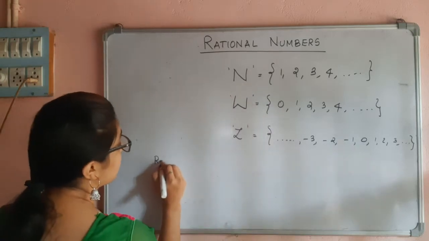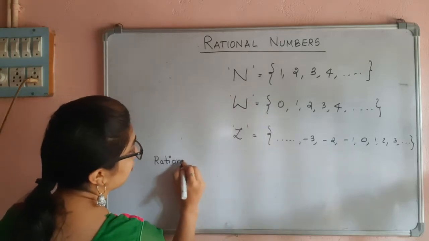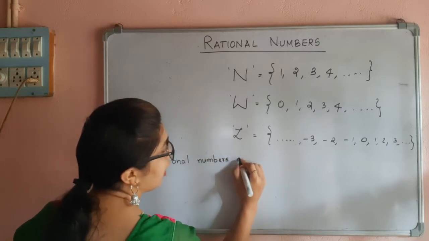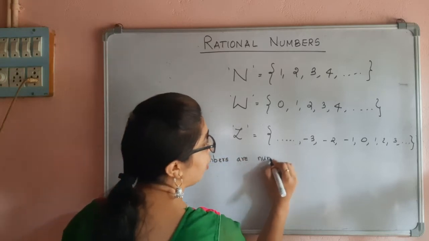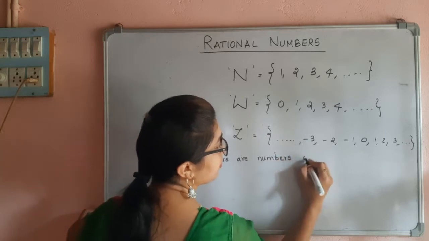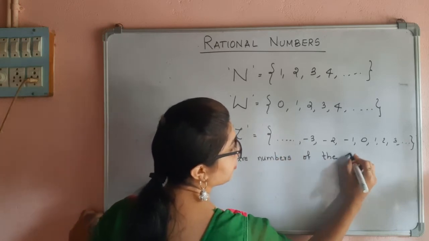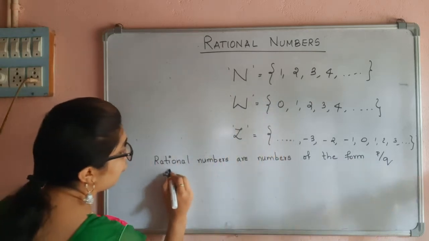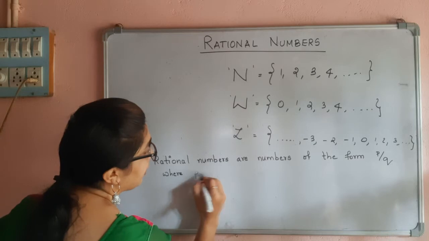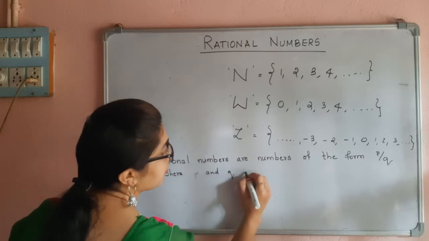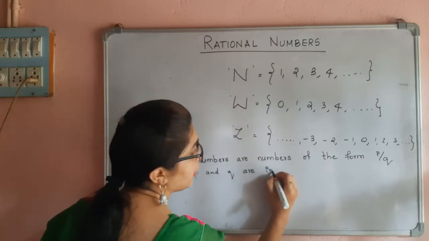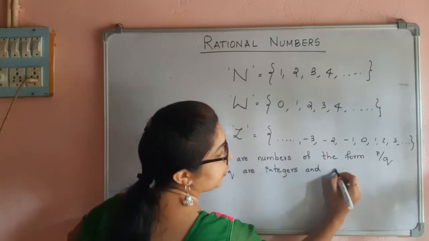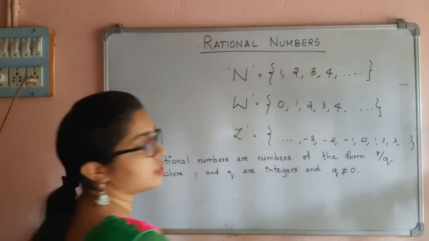Rational numbers are numbers of the form p by q, where p and q are integers and q is not equal to 0.